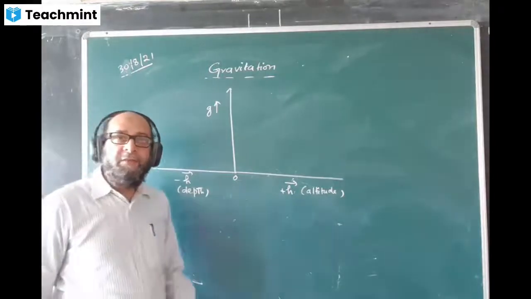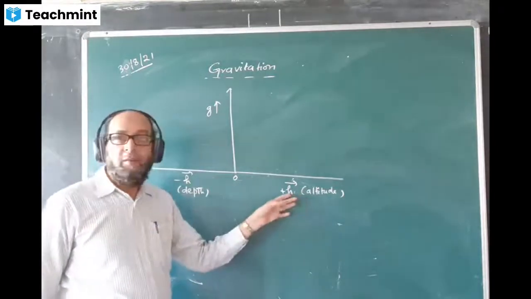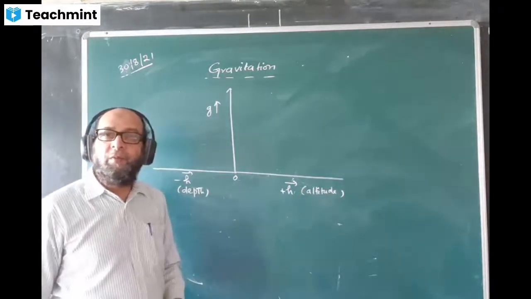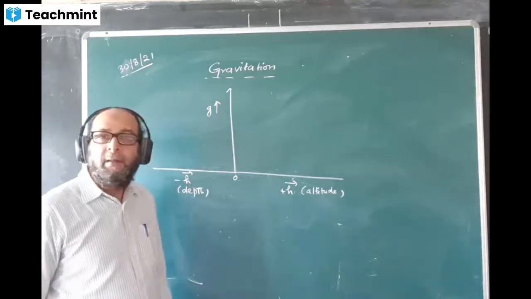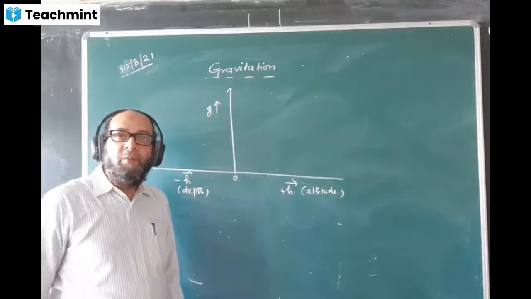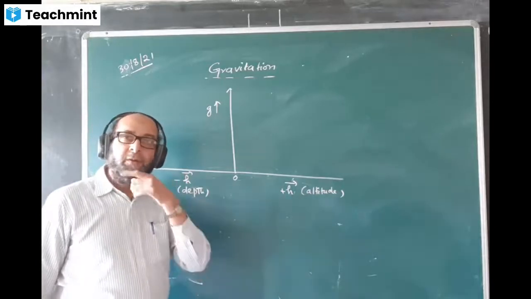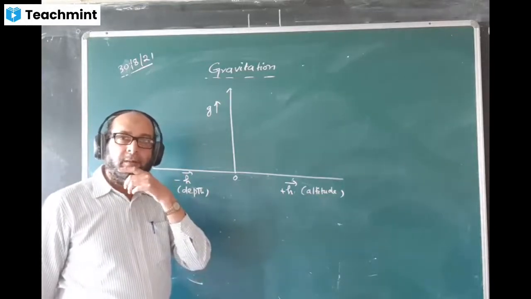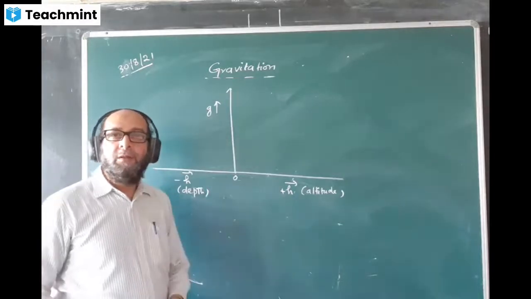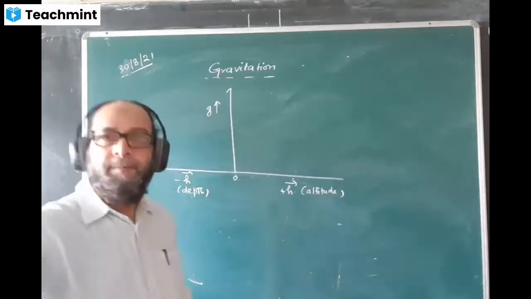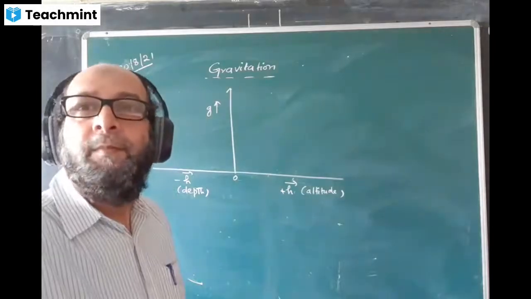How does the value of g vary with altitude? You can see the formula. What is the formula of g with respect to the altitude? Tell me. So GM by R square.